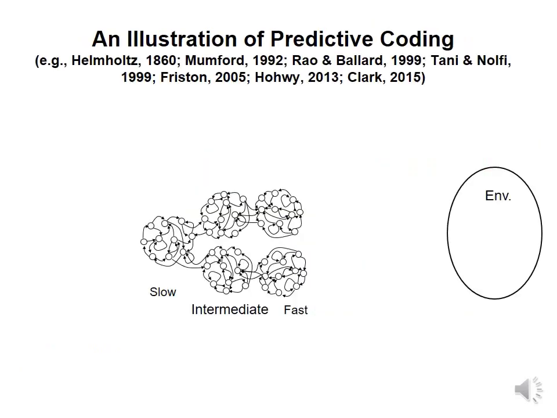Now, I'd like to provide an intuitive explanation of predictive coding, which is a hierarchically organized neural network.